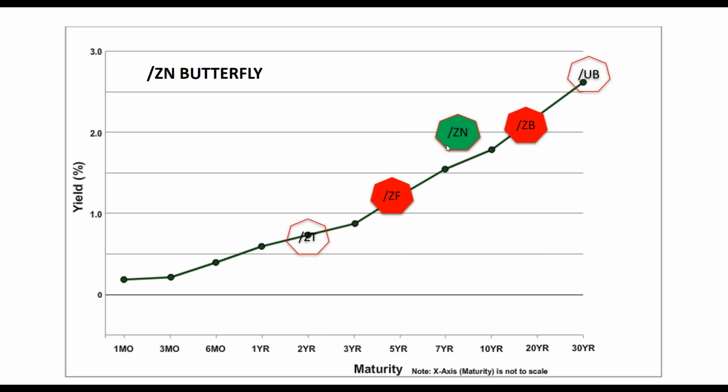You could sell the 10-year if you choose. You could sell the 10-year and buy the ZB. You could sell the 10-year and buy the ZB and buy the ZF. I personally like to do the relative value trades because for me, I feel like it's a lot less risk, but there's still plenty of opportunity to make a bunch of money if it goes your way.